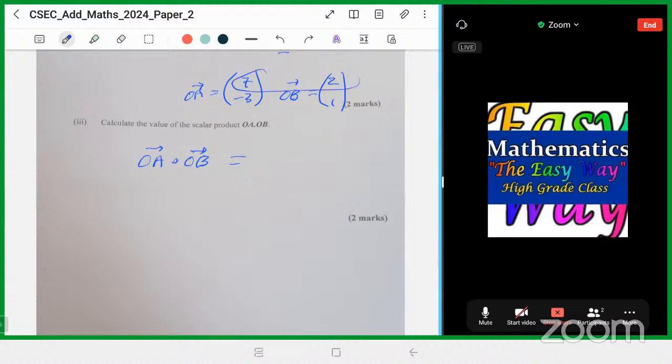That's 7 times 2, which is 14, I'm going to write it for show of work, plus negative 3 times 1. So it becomes 14 minus 3, which is 11. The scalar product is 11.